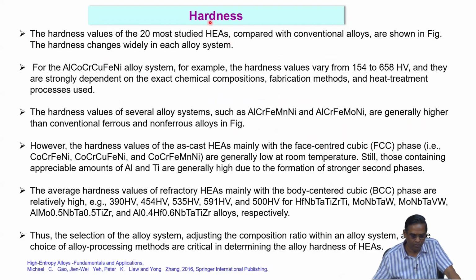What we have now looked at is about 20 most studied high entropy alloys. These are all from the literature; everything I am presenting is taken from this book. It's a very nice book for introduction, and they are compared with the conventional alloys in the figure. For example, we have looked at this particular aluminum, cobalt, chromium, copper, iron, nickel alloy system in most of the studies, even in the characterization.